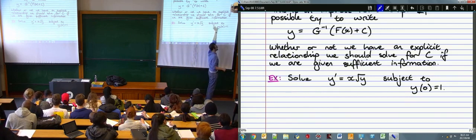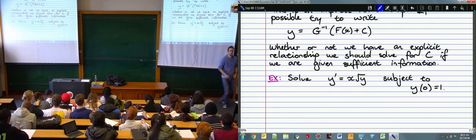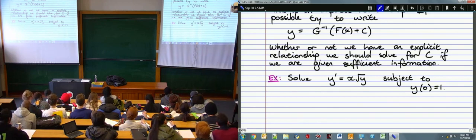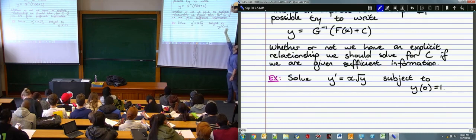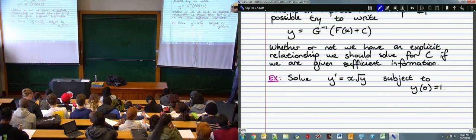In fact, we're actually only going to find one solution because we've got a particular piece of information here. We want to find the solution which satisfies that when x is equal to 0, y should be equal to 1. All right, so go ahead and solve this.